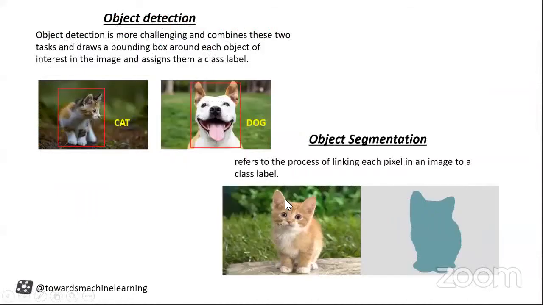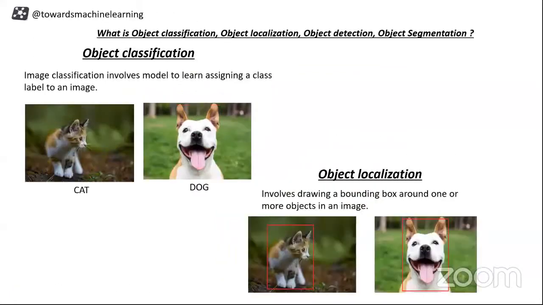Then what do we have? Object segmentation. For object segmentation, we classify each and every pixel. If the pixel belongs to the cat, it will get a different color. If the pixel does not belong to the cat, it will get a different color. So this is how object segmentation is. These are very simple terminologies, guys. If you are able to differentiate between them, it's classification.